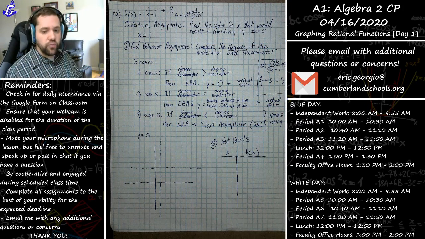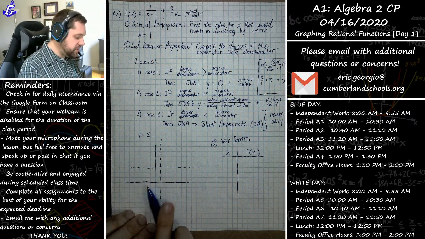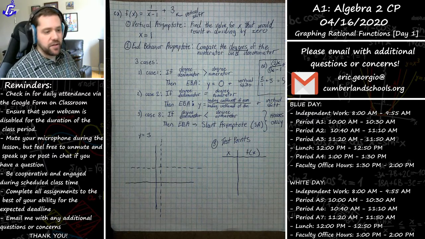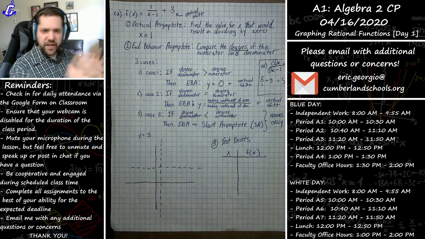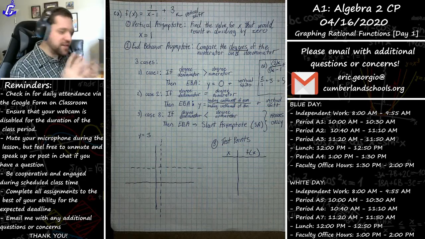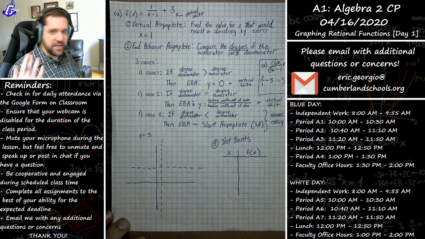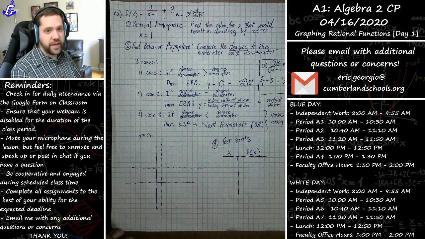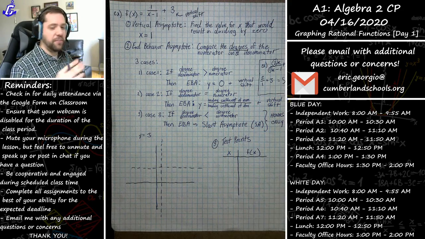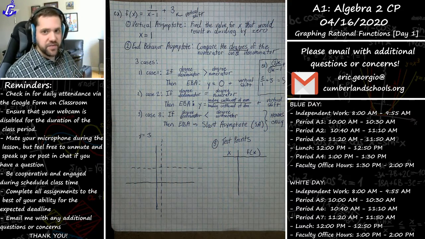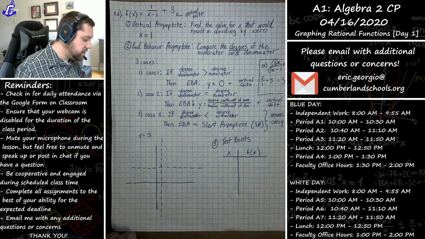There's no mathematical rule or law that says we have to go 2 this way and 2 this way. But just like with parabolas, I think it's that Goldilocks zone, the perfect number that gives you a nice picture of the graph. I don't think 1 point is enough to get a good picture. And I think by the time you get 3, it's excessive, because then you clearly see what it looks like. So 2, I think, is a good measure.